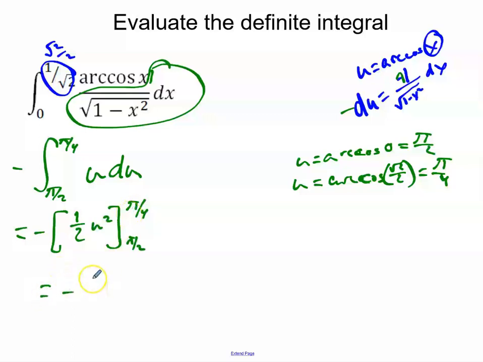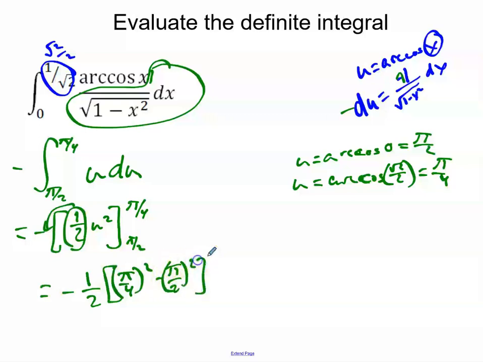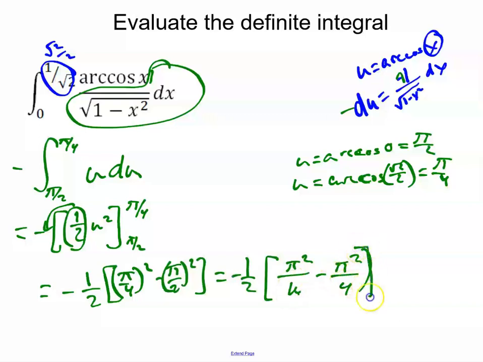So that's going to be negative 1/2 of, I just took this 1/2 and stuck it out there, pi over 4 squared minus pi over 2 squared, which gives me pi squared over 16 minus pi squared over 2 squared, which is 4. To subtract those, I'm going to need common denominators, so I'm going to make that a 4 and change that to a 16.